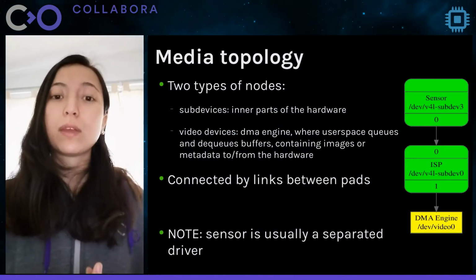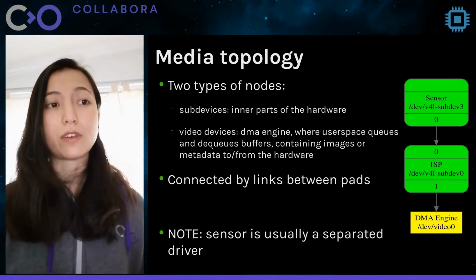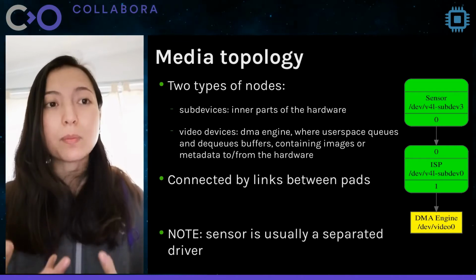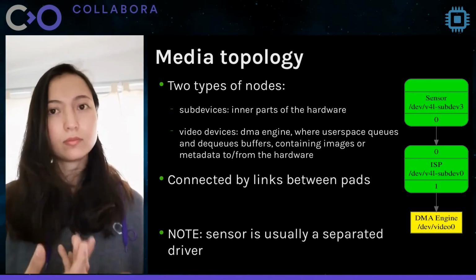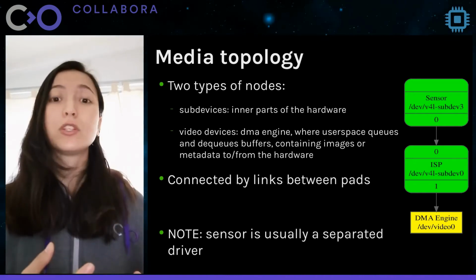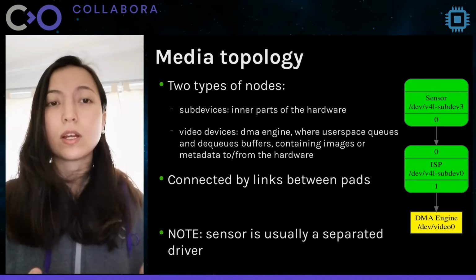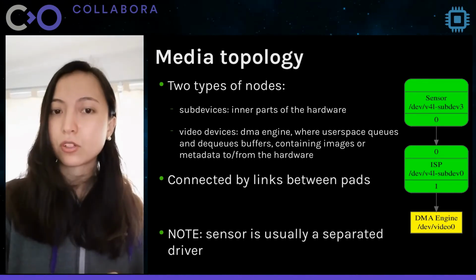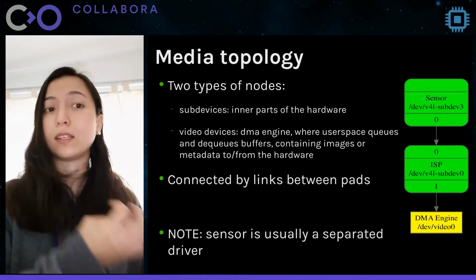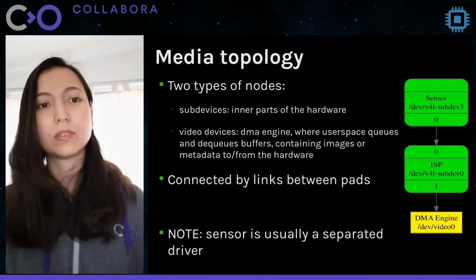In a topology, we have two types of nodes. So what we call subdevices in green, that represents the inner parts of the hardware, and user space can perform some configurations there. And the video devices in yellow, that represents the DMA engine, where user space can perform some configurations, but it can queue and dequeue buffers containing the image or metadata to and from the hardware.